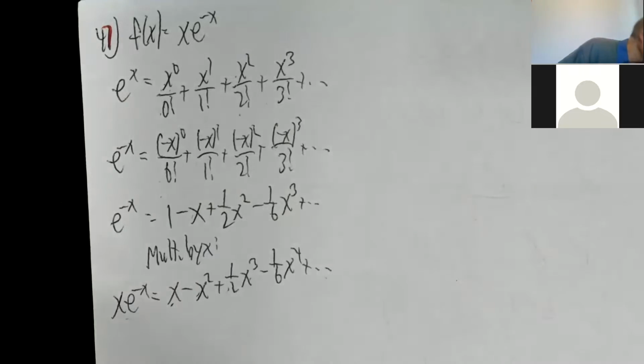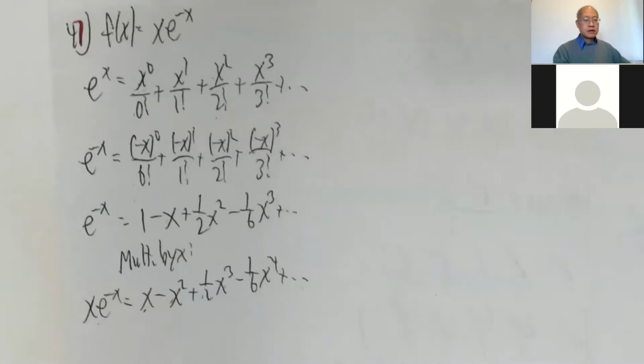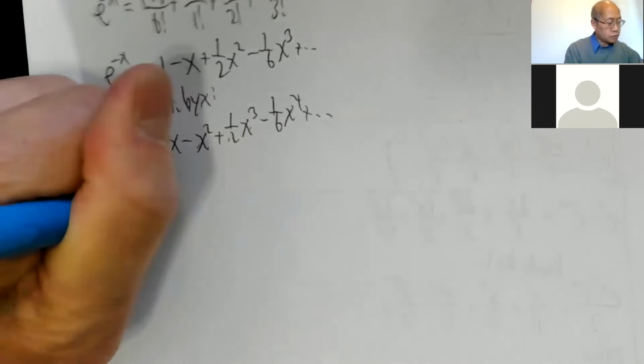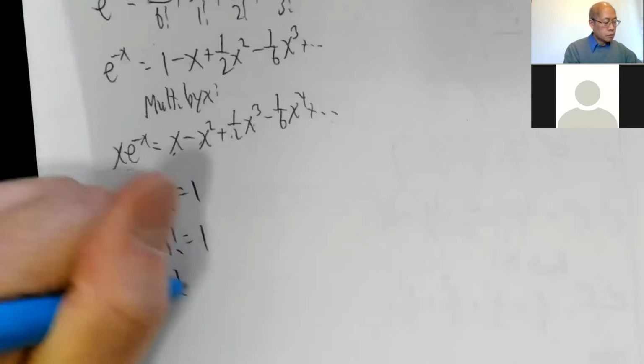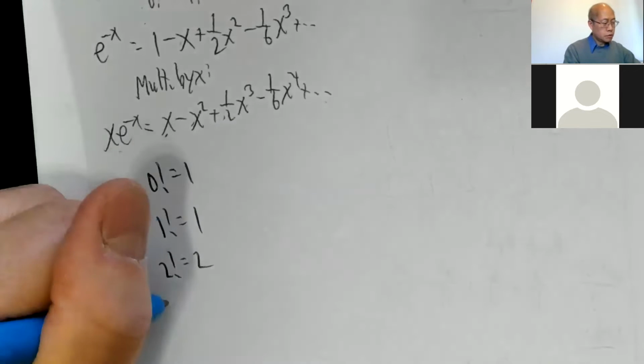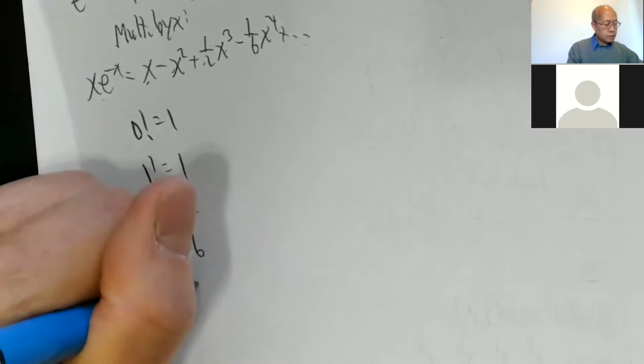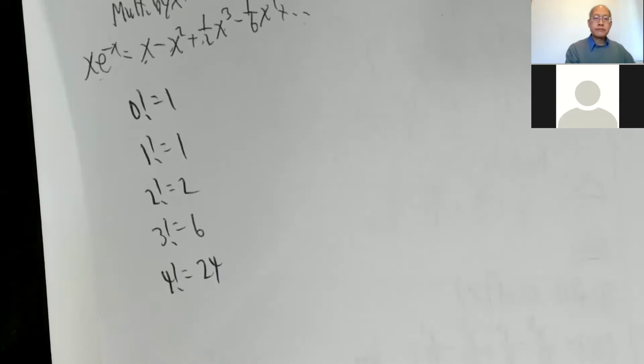Okay. And yeah, I will digress a little. You should be somewhat comfortable with the earlier factorials. So 0 factorial is 1. 1 factorial is also 1. 2 factorial is 2. 3 factorial is 1 times 2 times 3, which is 6. 4 factorial is 24.